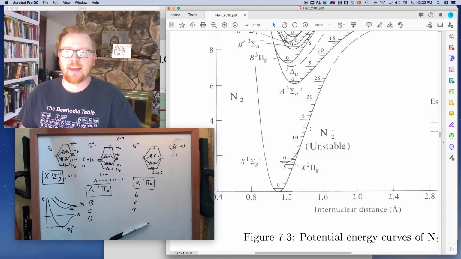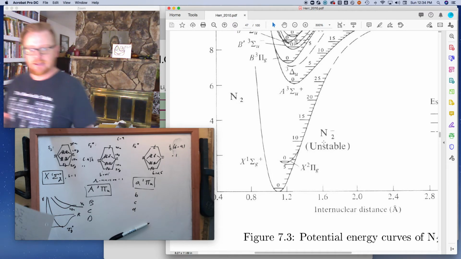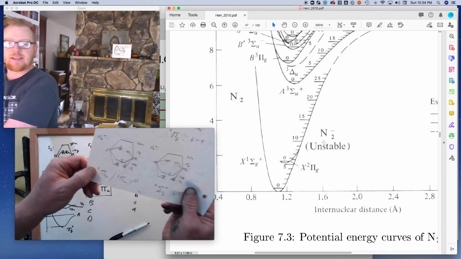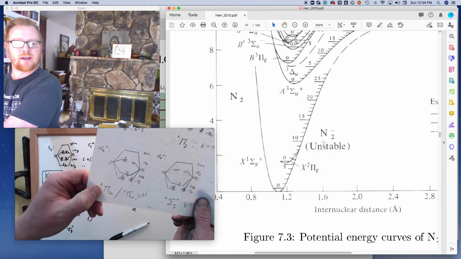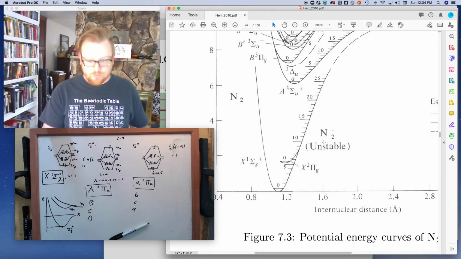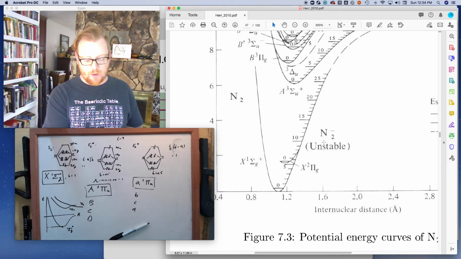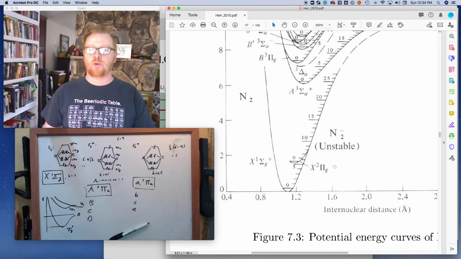Okay. And then here, this curve on this diagram is supposed to be N2 minus. And so remember the N2 minus, let's see. Yes, we came up with that it's the doublet pi 3/2 or doublet pi 1/2. So they ended up using the g term instead of the 3/2 or 1/2 term, which is fine because it's an unstable state anyways. But they still used the X term to indicate that was the ground state.